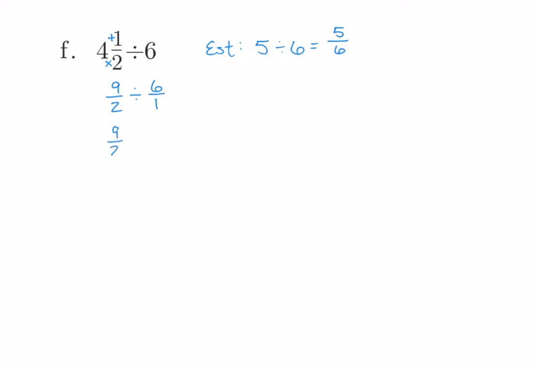We get 9 over 2 dot 1 over 6. 9 and 6 are both divisible by 3, so we get 9 divided by 3 is 3. 6 divided by 3 is 2. And if we multiply straight across, we get 3/4. As this is a proper fraction, we are done.